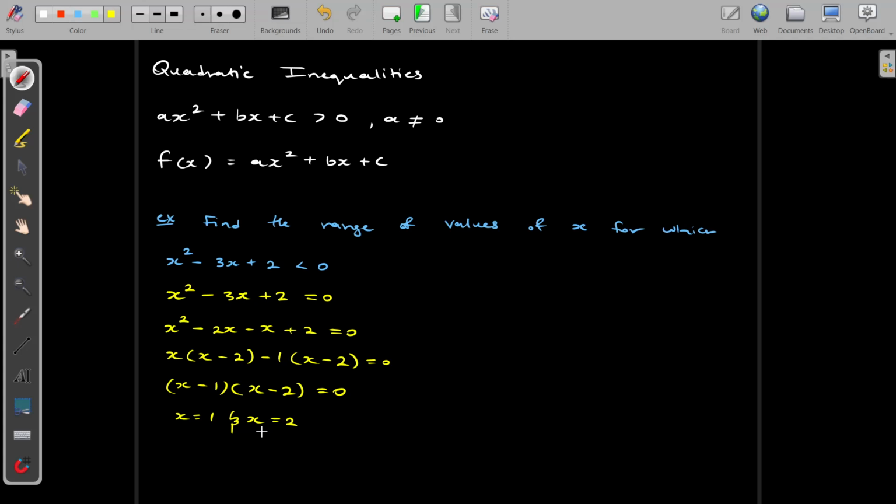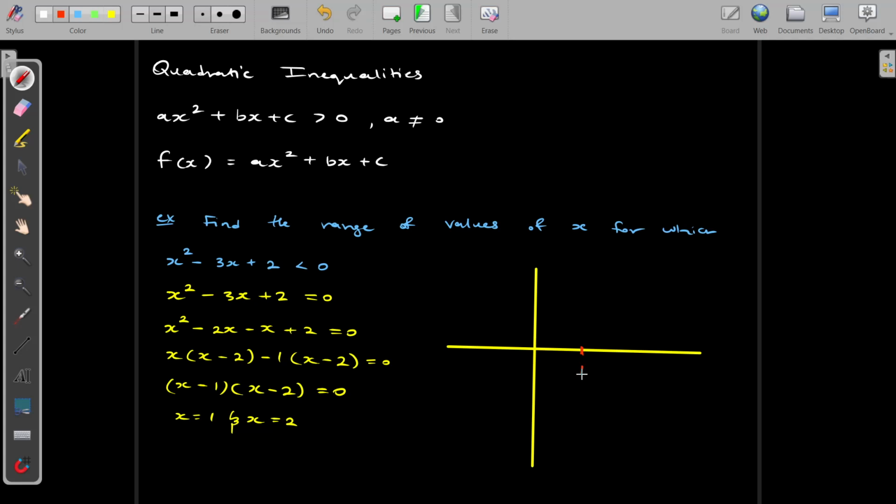And we know, or I'm assuming that you guys know, that the x values are the roots, and those would be the points where the graph cuts the x-axis.